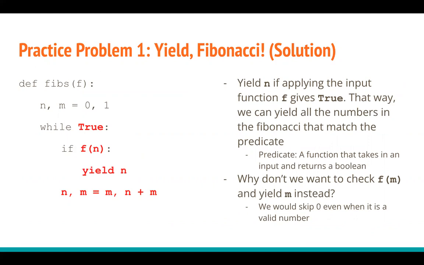In that case, we yield n. We check n because the Fibonacci sequence starts from 0, and if we did f of m, we'd never actually check f of 0, and we would end up skipping 0 even when it's a valid number. So we have to be really careful about the variables we're using. But overall, that's the idea here. Hopefully that makes sense. Any questions?